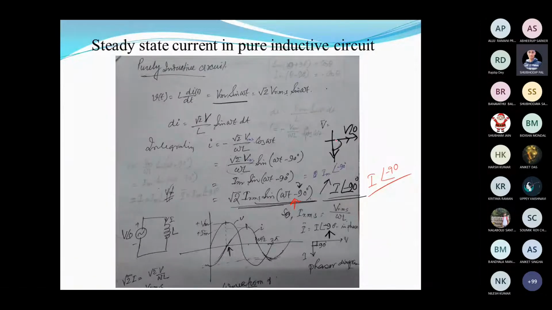So when I'm representing on the phasor diagram, say this is the reference voltage V, V sin omega t, which we have considered. V equal to Vm sin omega t is V RMS with angle 0.